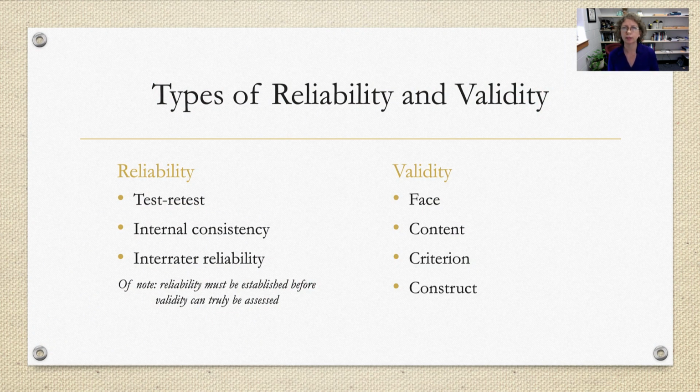And what do we mean by reliability and validity? Well, reliability, think of the word consistency. It's the consistency across time or across items or across researchers or raters. And it's saying, is this measurement consistent? Looking at these in turn, test-retest reliability would be looking at something that might be more stable, like a personality trait like extroversion.